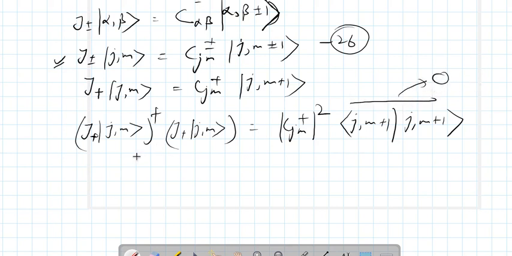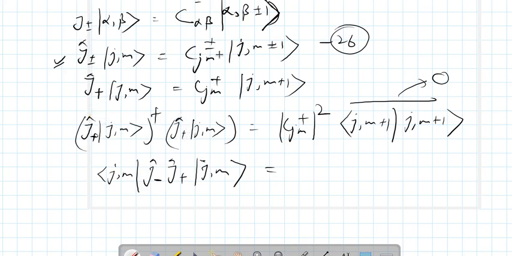So if it is so, I can write this as jm, J minus, J plus, jm, and it is equal to C jm plus mod square.